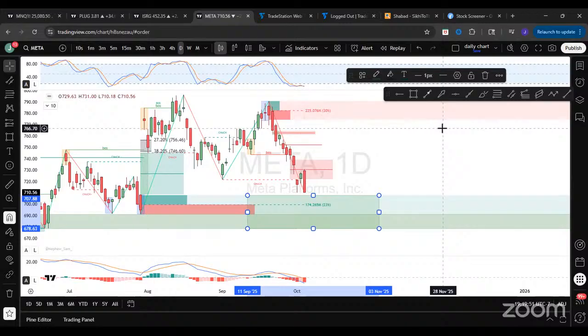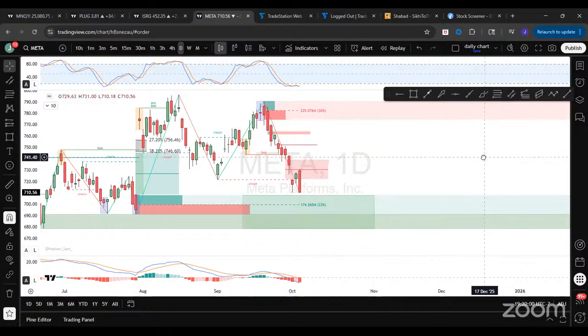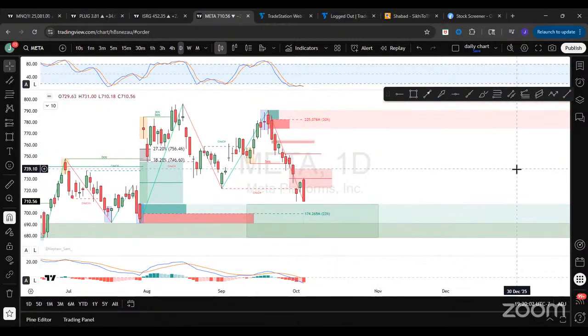That will confirm buyers are jumping in, and you can take long. And hopefully, if we get a bullish fair value gap, that's even better. Then we know buyers pushed it up.